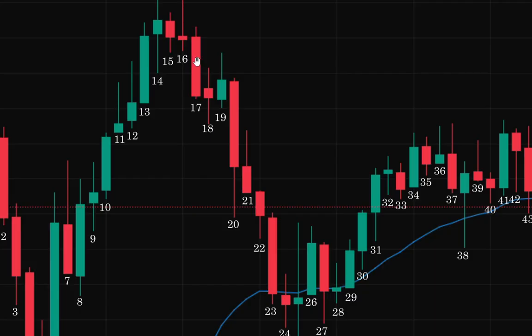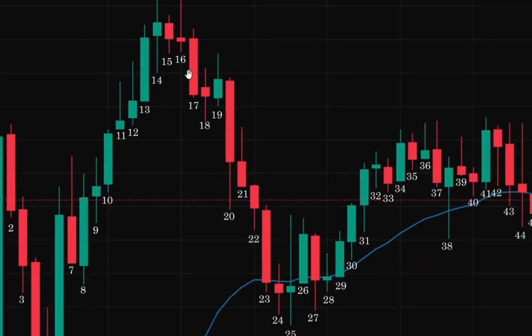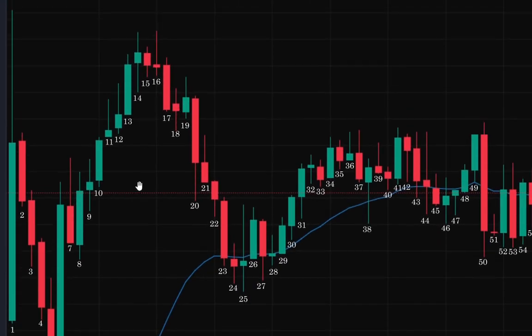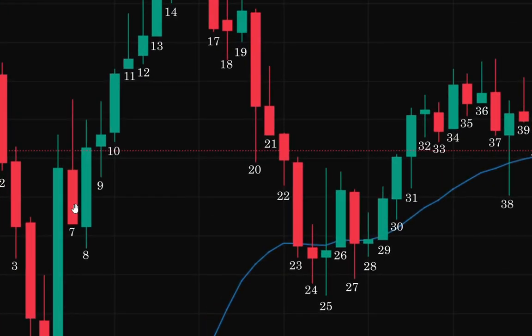On the 17th bar, the price went below this. So considering this as the low 1, this is low 2. If it had formed around this area, I should have entered at low 2.